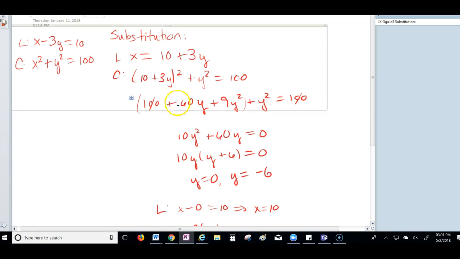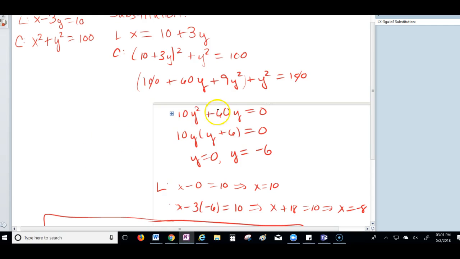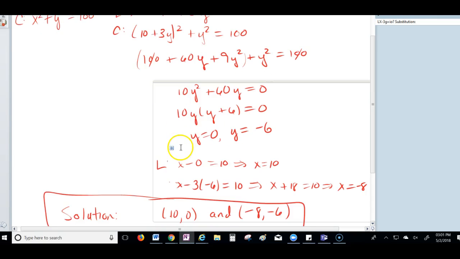So I can get rid of those hundreds on both sides. And I can gather like terms, and I have 10y squared plus 60y equals 0. I factor out 10y. I solve that equation. It's y equals 0 and y equals minus 6 are my zeros.